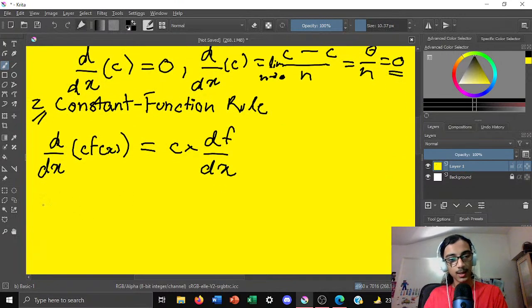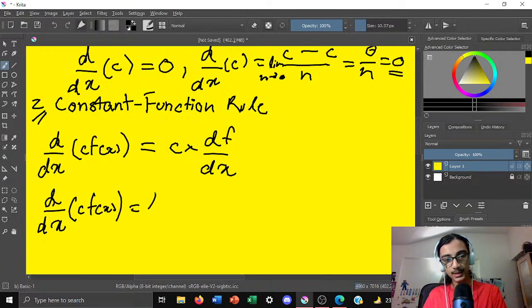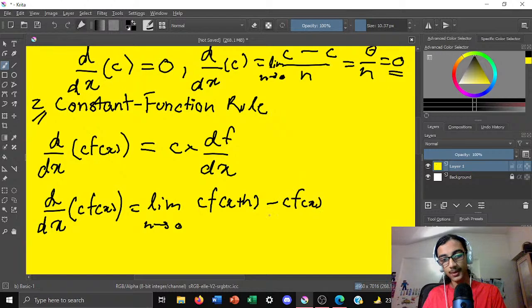So once again, if I want to take the derivative of a constant times a function, we're going to do this by definition. So that's going to be equal to the limit as h approaches 0 of the constant times f of x plus h, minus the constant times f of x, over h.